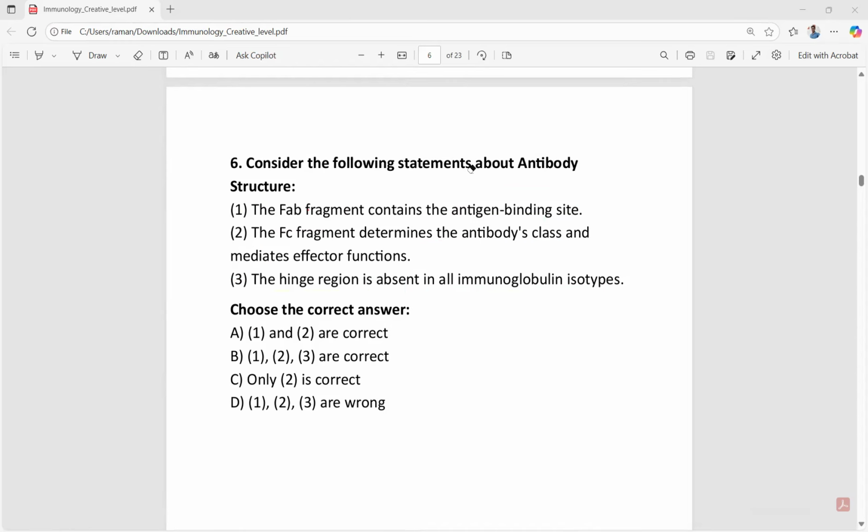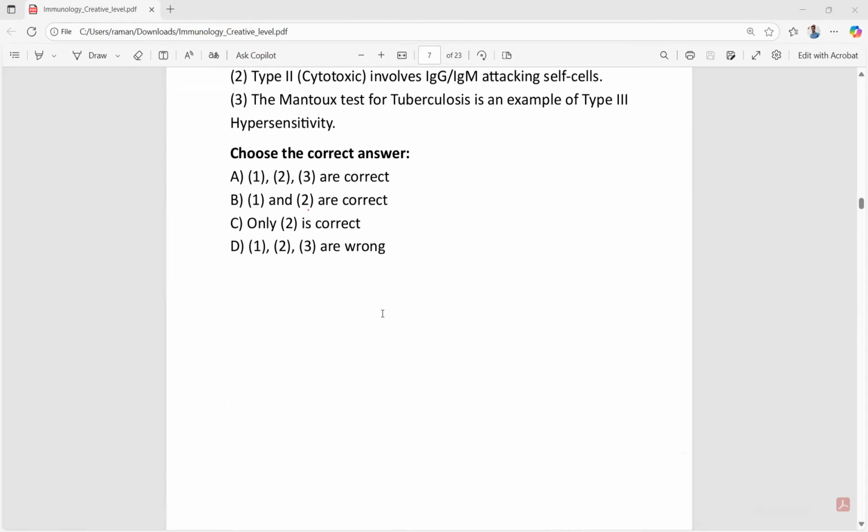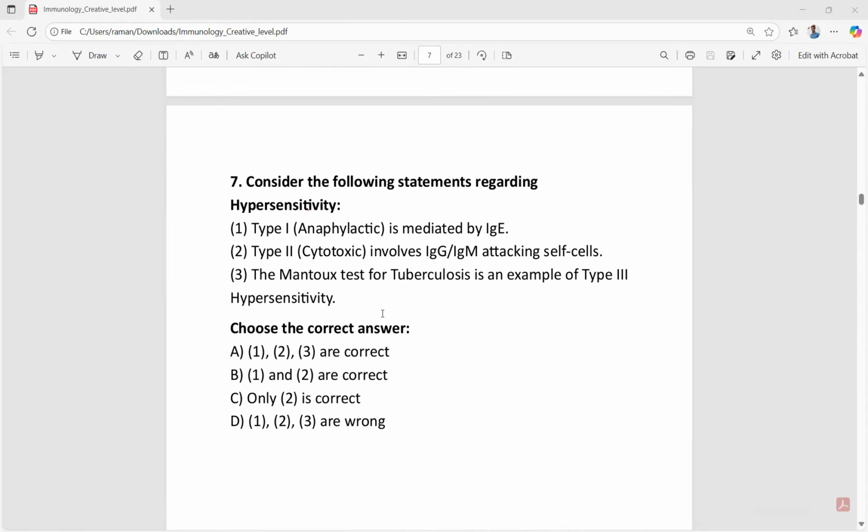Okay, let's go to the next question. அடுத்த கொஸ்டின் போலாம். Consider the following statement regarding hypersensitivity. Type 1 anaphylactic is mediated by IgE.